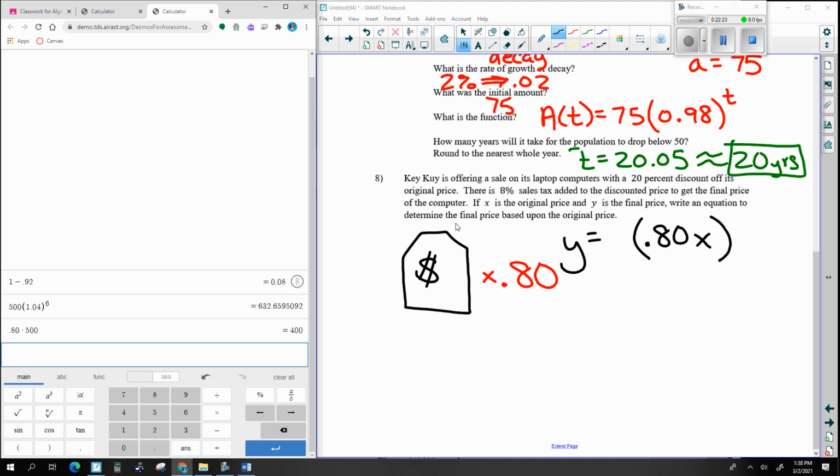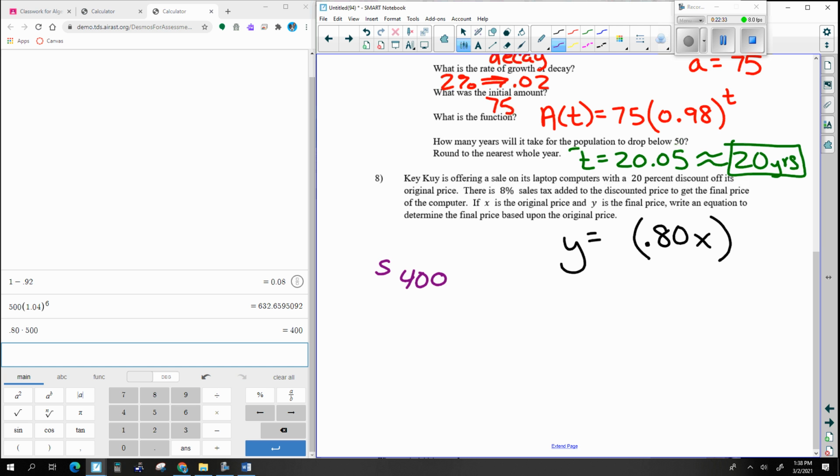Okay, but now we finalize our sales price, and the sales price is, again, let's say that $400. Now we have to pay taxes on this, and there's an 8% sales tax. So whatever 8% of this 400 is, we have to pay an additional 8%.